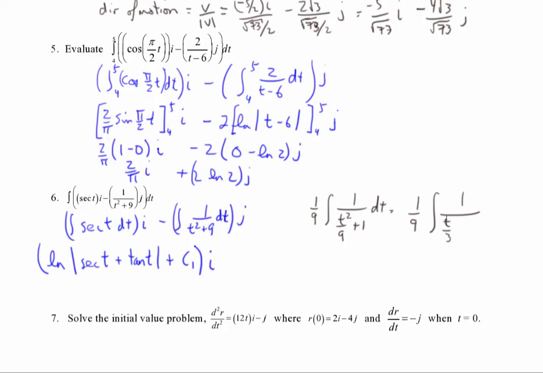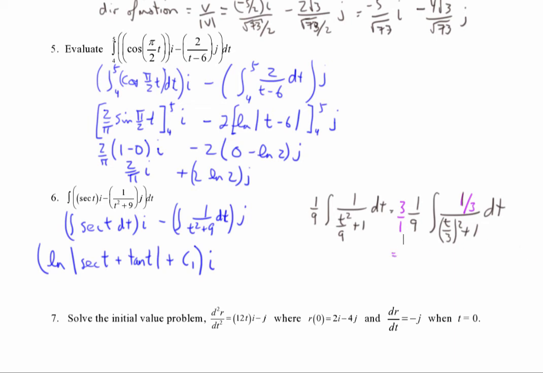t over 3. I know some still don't like it, but if this were the u, the derivative of it would be 1/3. So what I'm going to do is put in a 1/3 here, and then counteract it. So now I have that idea of 1 over u squared plus 1. That's our inverse tangent.